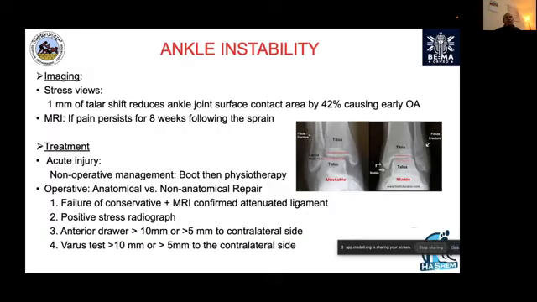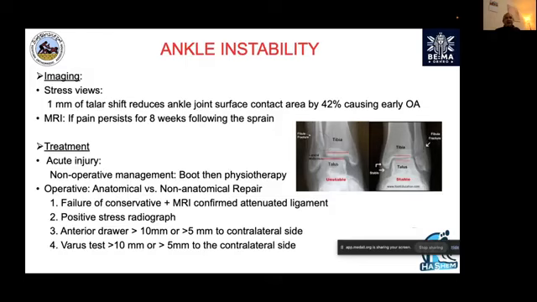How do you treat ankle instability? With acute injury, just non-operative measures, and they are very successful. Rest the patient in a boot, do some physiotherapy with proprioceptive and balance exercises, and muscle strengthening, especially peroneals.